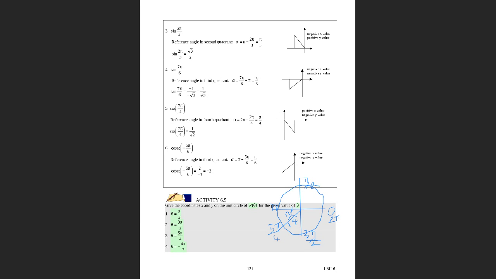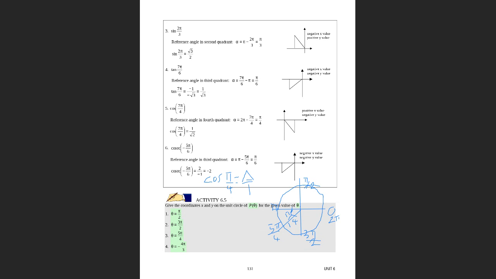Good. So we can use cosine to find the x component. Cos pi over 4 equals adjacent, which is the x, over 1. You can find the x component.